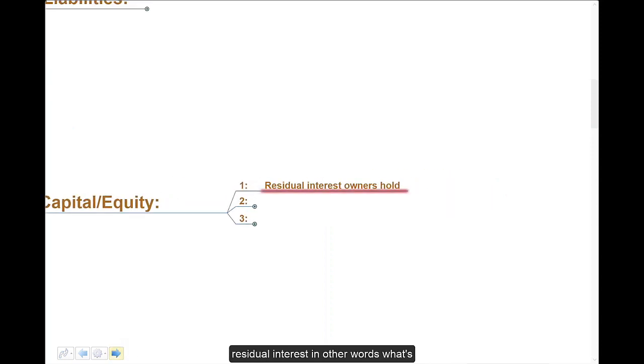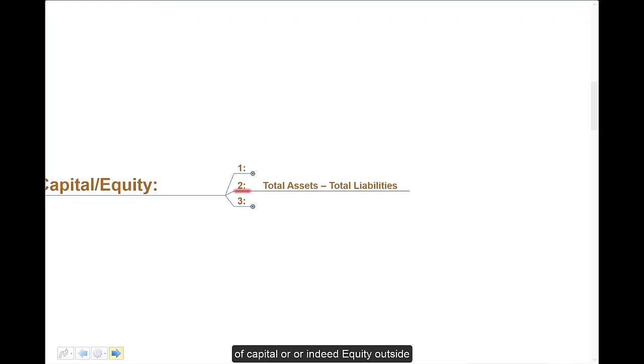In other words, what's owing to the owners, either in the form of capital or indeed equity. How would you get to the figure? Well, if you take off all liabilities from total assets, you're going to get the difference. You're going to get the capital, or you're going to get the equity. There's a simple way of looking at the net worth of the business.